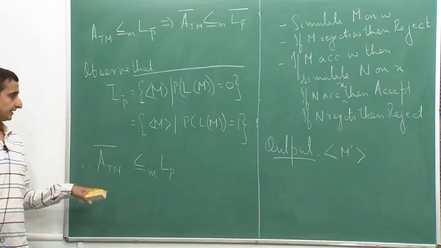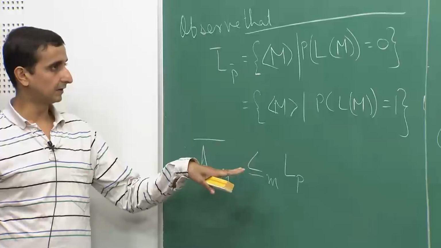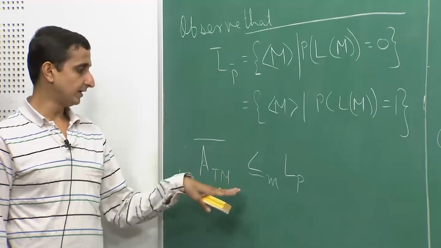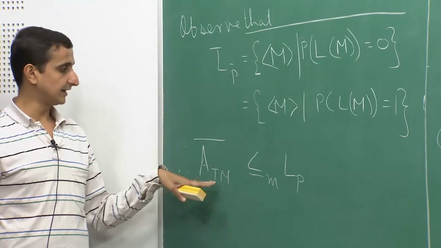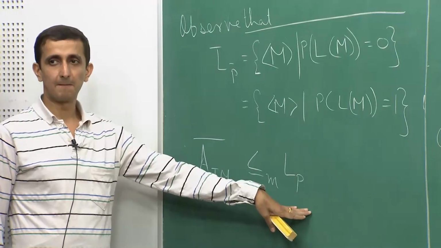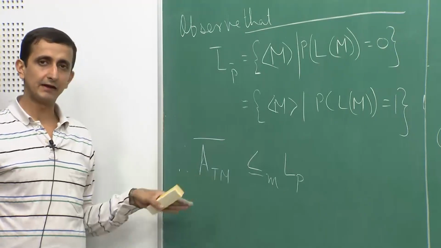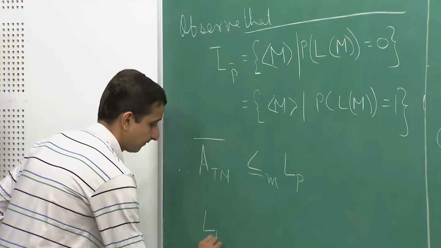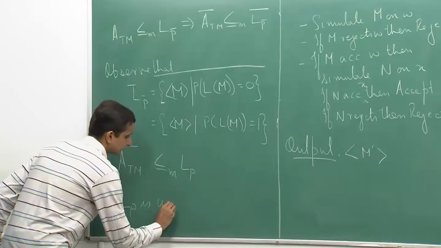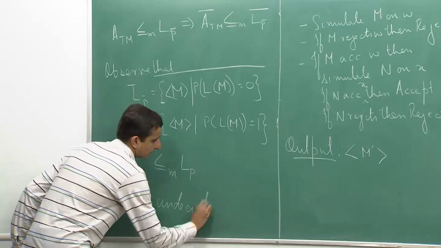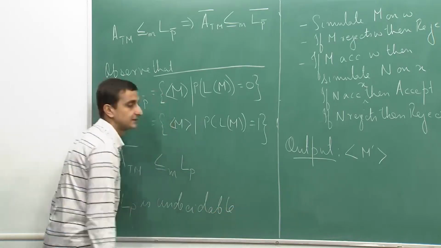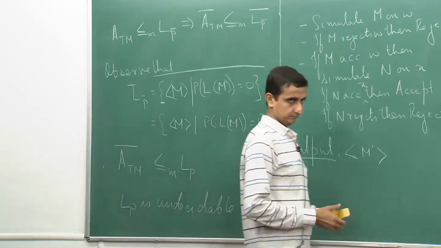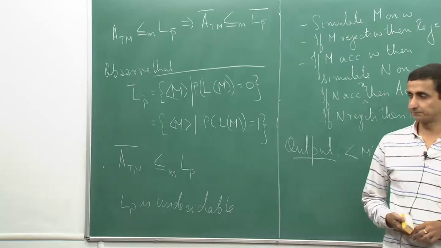So, in case 1 we had shown that if P of phi is equal to 0, then ATM reduces to LP, and in case 2 what we showed is that ATM bar reduces to LP. Both ATM and ATM bar are undecidable problems, therefore, LP is undecidable. So, that completes the proof of Rice's theorem.